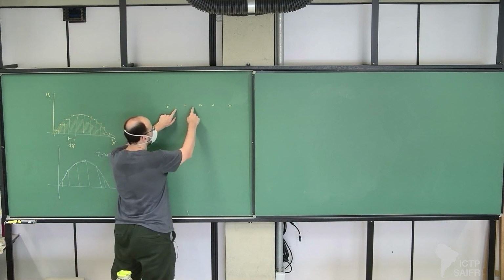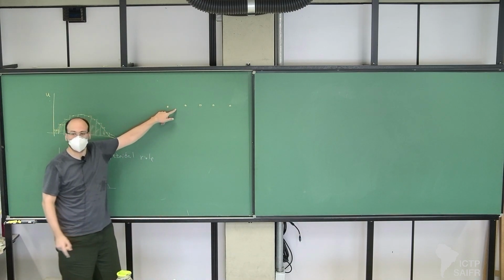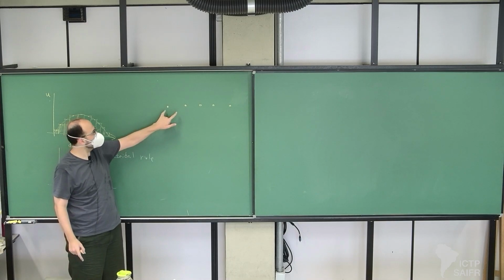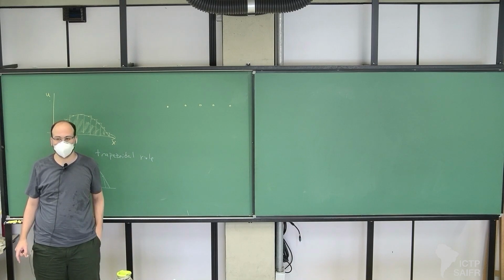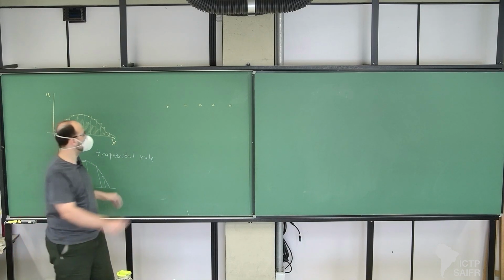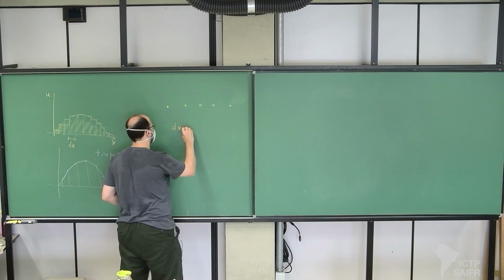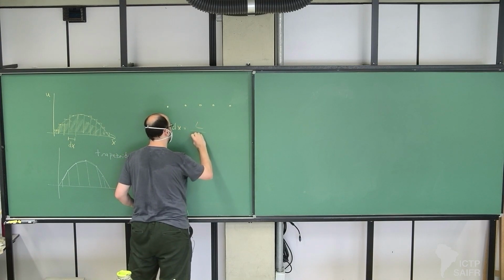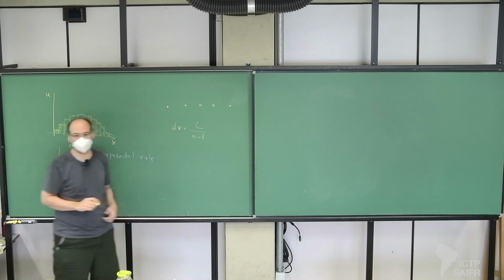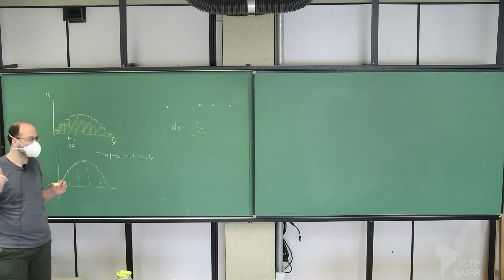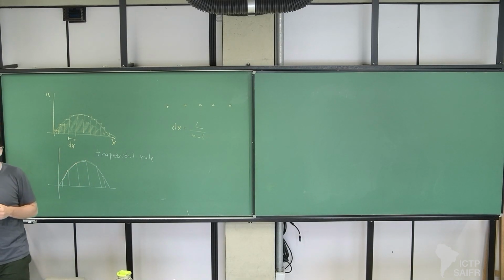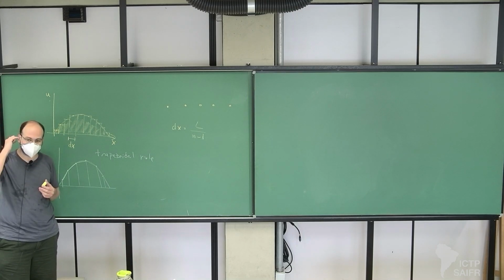It's going to be 4, not 5, because I have 5 points that define 4 spaces between them, yeah? So what should be the dx that appears over there? It is L divided by n minus 1, yeah? But then if you look at my code for today, it's not n minus 1, right? You see, it's n plus 1, right? Why is that?